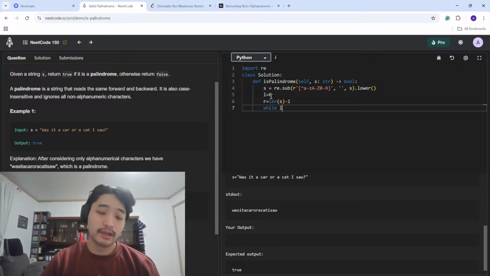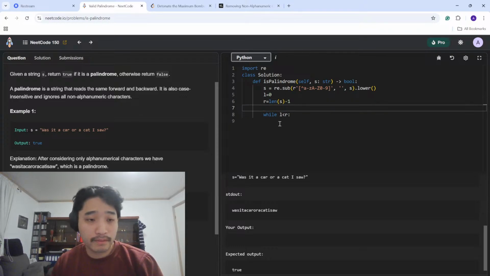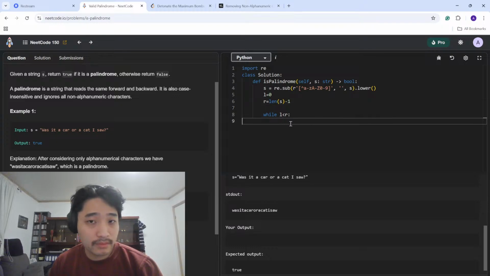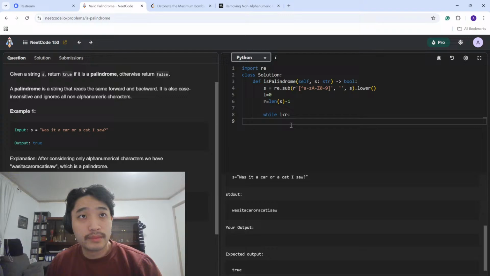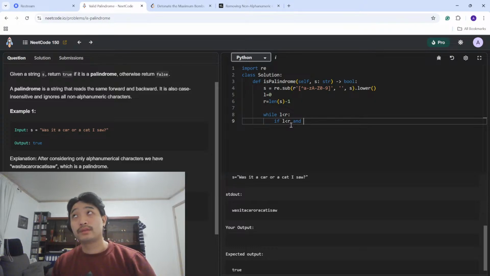So while L is less than R, let me see, would I need to check if L less than R and continue? Let's see. How would be the smart way of doing it?